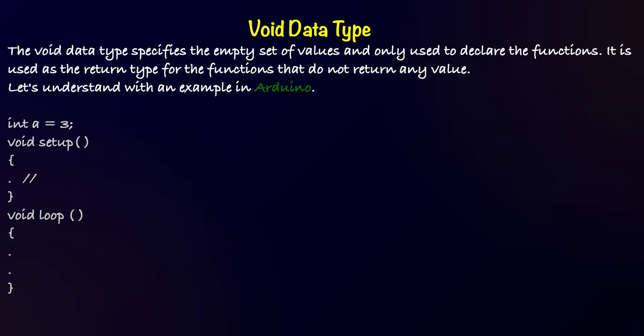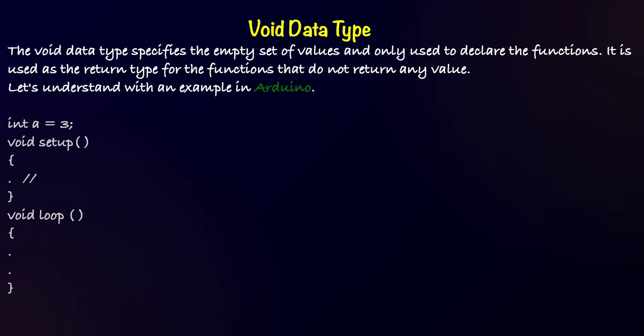It is used as the return type for the functions that do not return any value. Void means null, empty or vacant. That is why the name is given void. So if it is not returning any value, we can use the void data type.